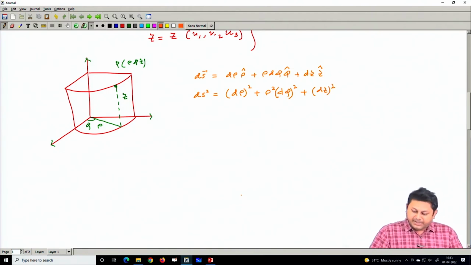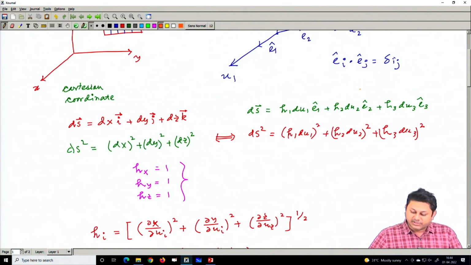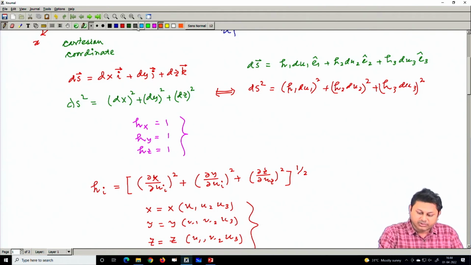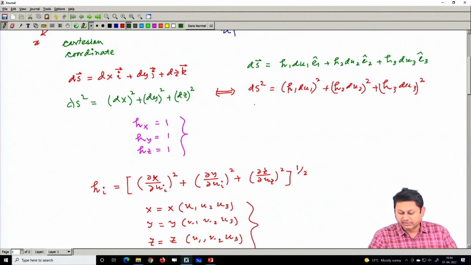Now if I compare this equation with the generalized expression we are having, this is the generalized expression.